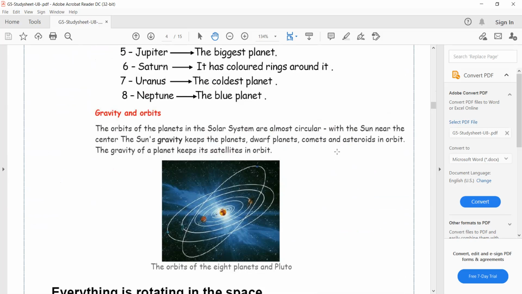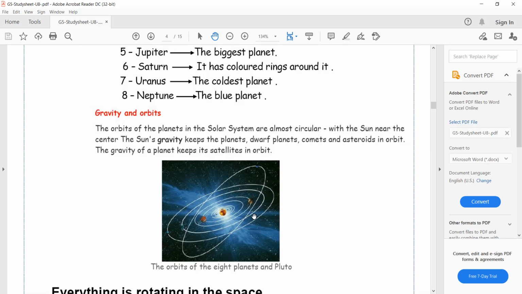elliptical orbits. The orbits of the planets in the solar system are almost circular. Almost circular means elliptical. It means not typically circular. The orbits of the planets are not a circle, but they are almost circular.